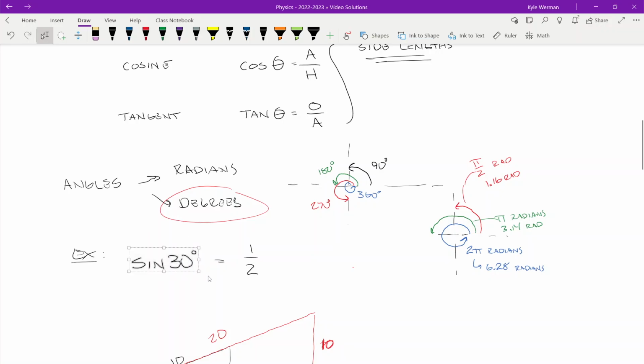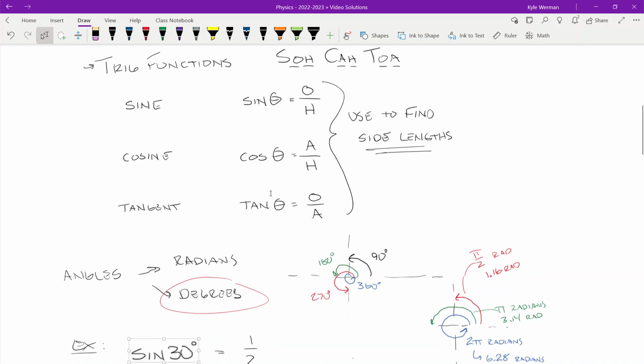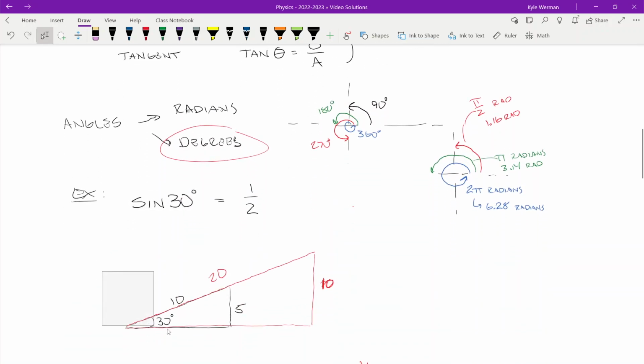So the sine of 30 is a ratio, right? And it is a ratio of the opposite leg over the hypotenuse. And it turns out that ratio is exactly 1/2. If I have a triangle right here with a 30-degree angle right here, the opposite leg, in this case, is 5. Well, then the hypotenuse would have to be 10, right, at 30 degrees.